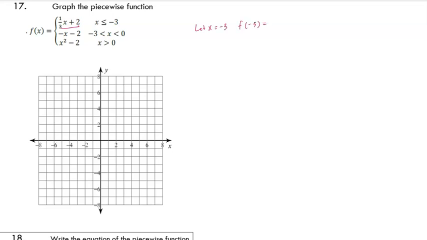Negative 3 is going to be 1/3 times negative 3 plus 2, which is negative 1 plus 2, which is 1. So that's going to be negative 3, 1. And then from there, I could just go up 1 and to the right 3. But it has to be less than, so I'm going to go down 1 and to the left 3. Like that.